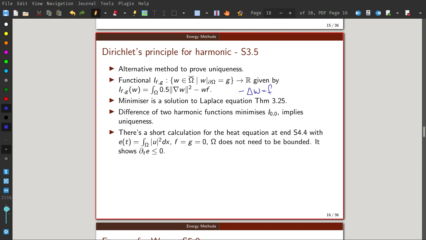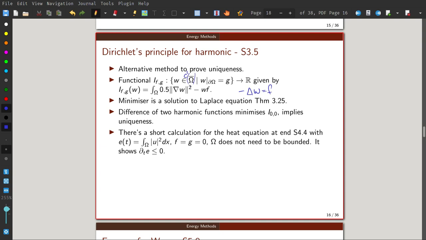And you don't apply it to all functions. You only apply it to functions which meet the boundary condition g, but they don't necessarily meet the partial differential equation. Sorry, this should be C2 here.